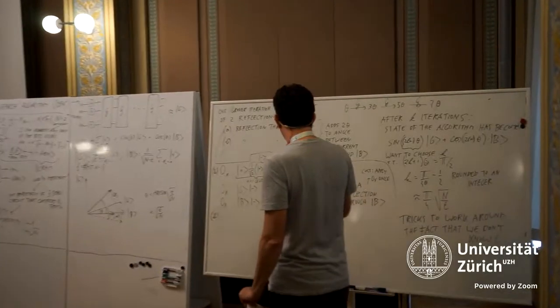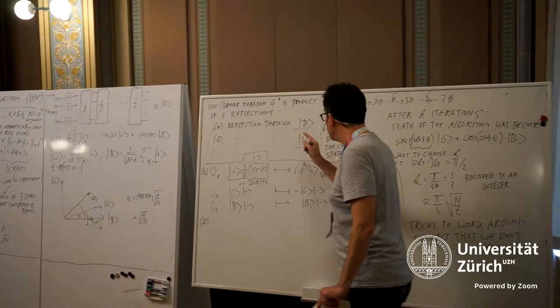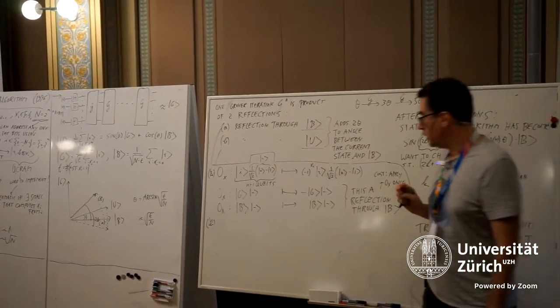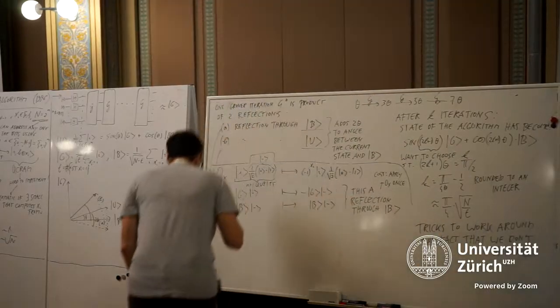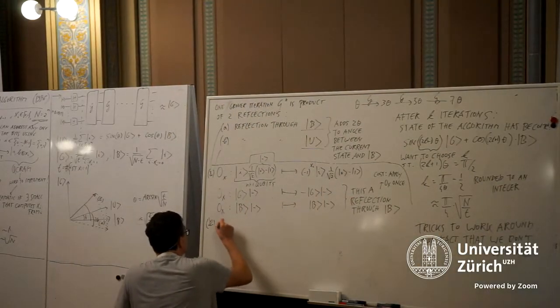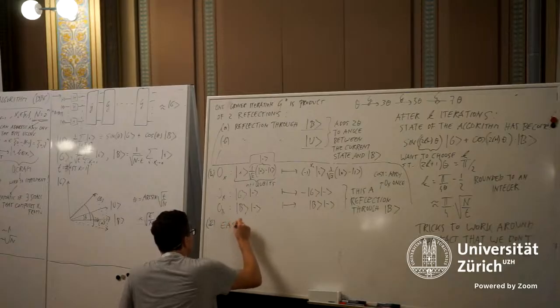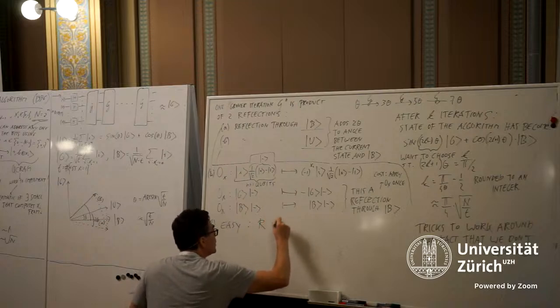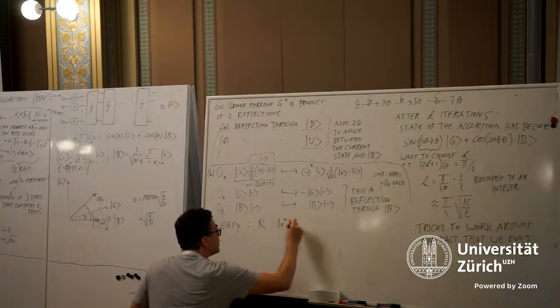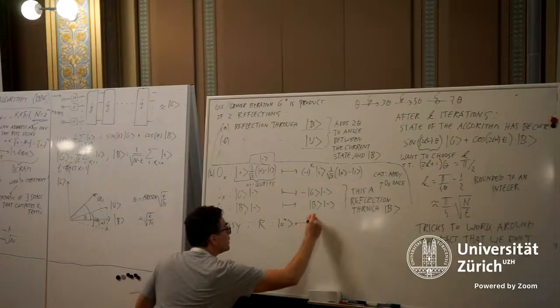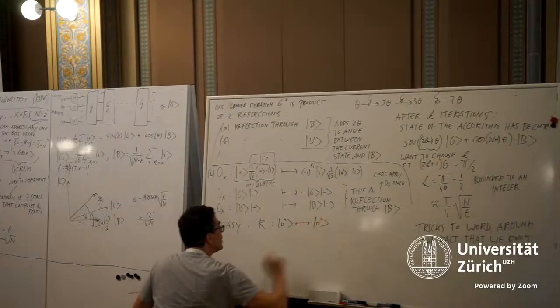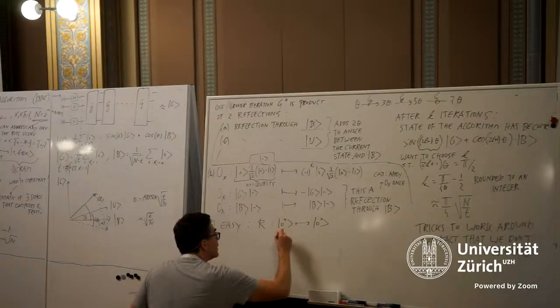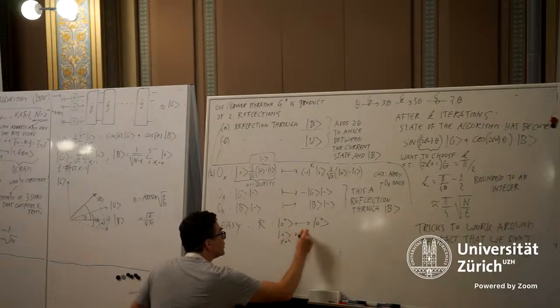This is kind of easy to do if we were to replace ket U by the all zero state. So it's easy to find a map R which maps the zero state to itself, and that maps any string I which is not the all zero state to minus itself.